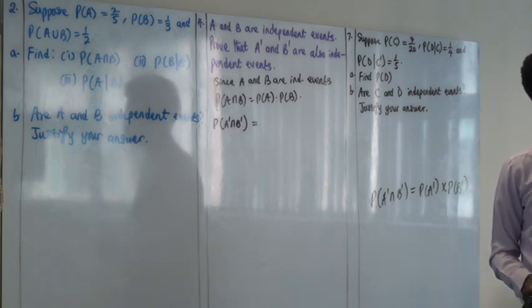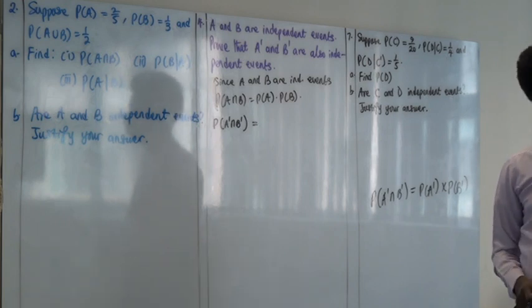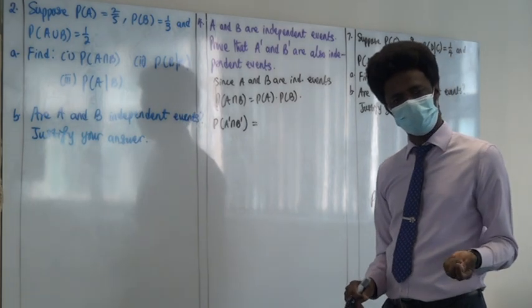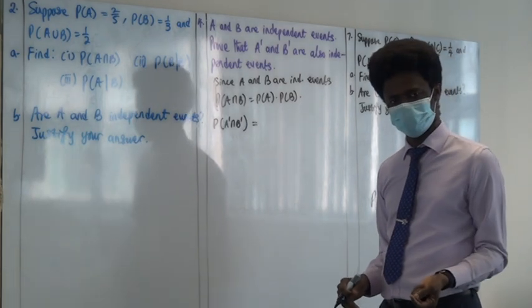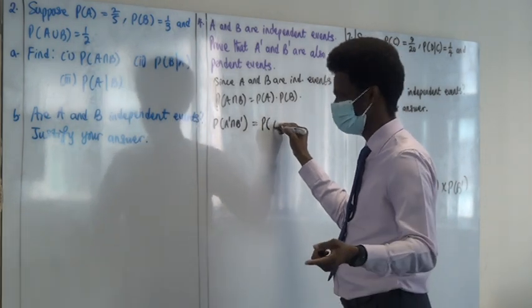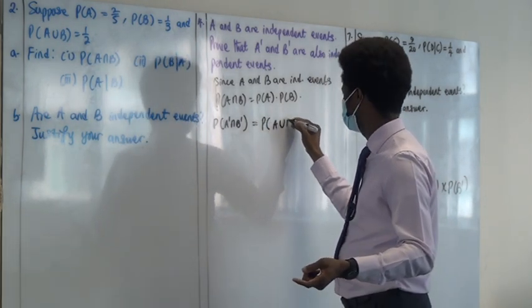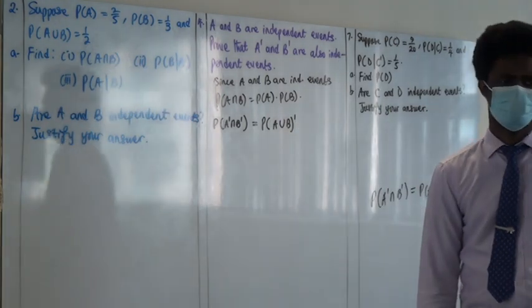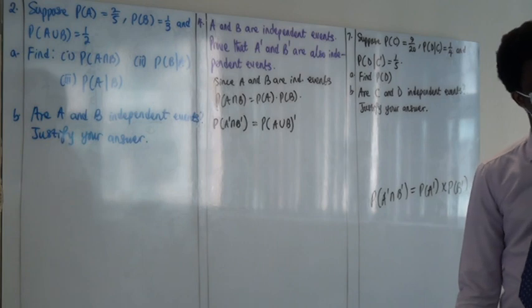Lillian, any idea? See, some things that you learned in the past you think are not useful. Probability of A union B, prime outside. You learned that in Form 3, I'm sure.